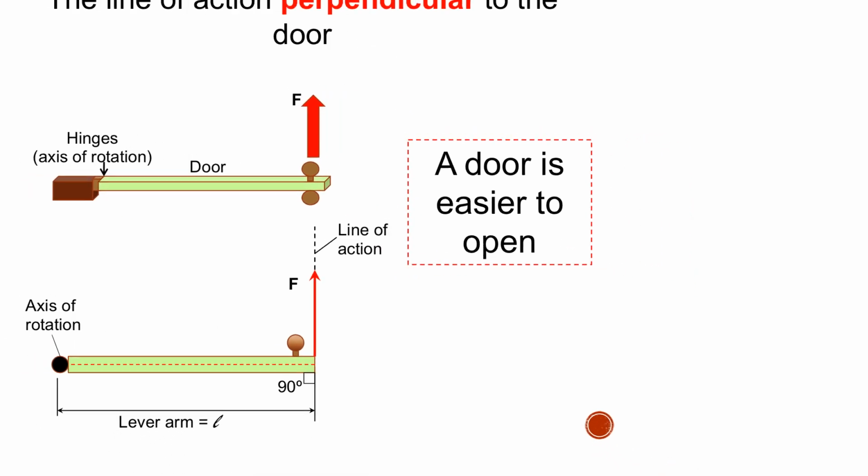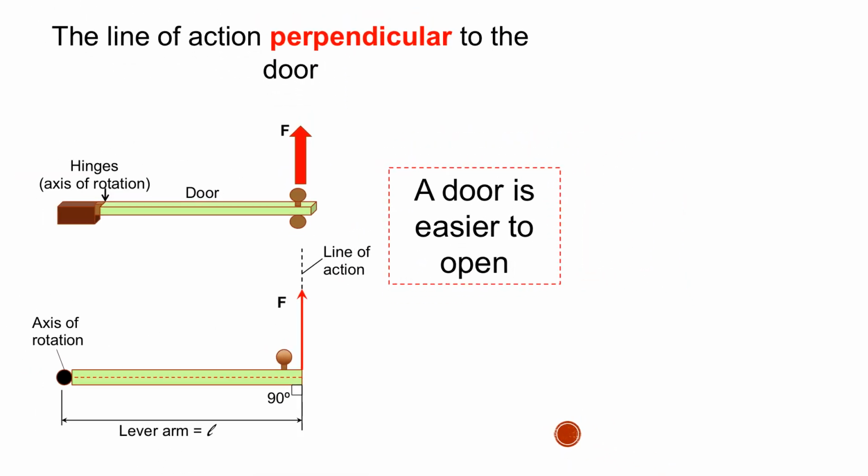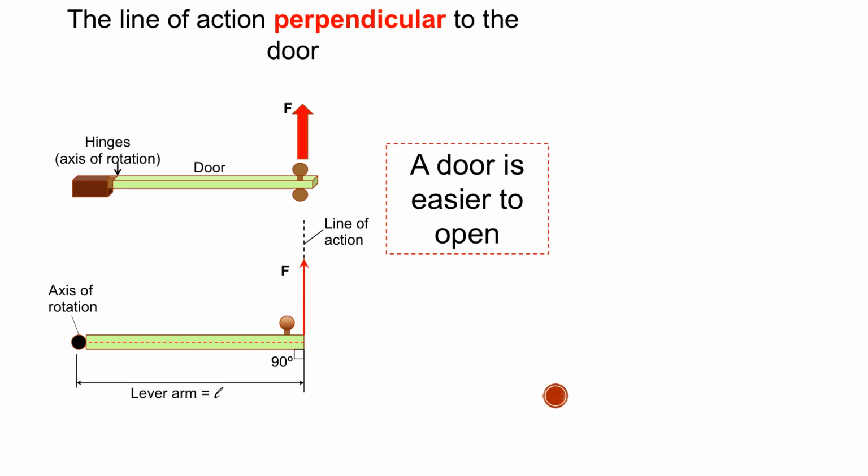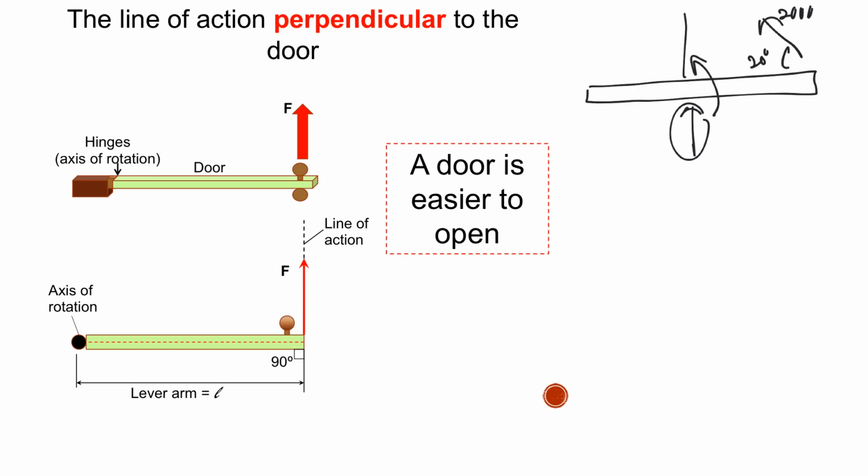For example, if you have 2 or 3 forces. Say you have here 20 degrees, you have 2000, and then you have another force here. Here I'm going to draw it outside.